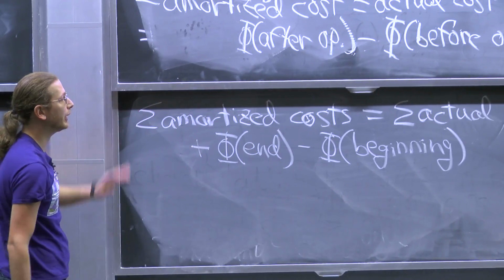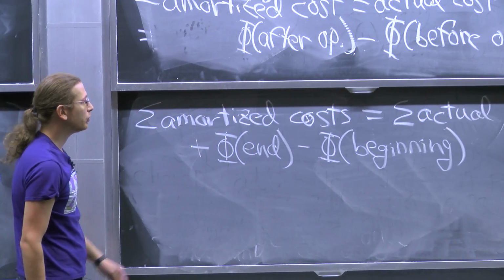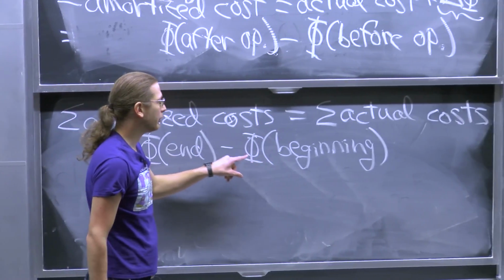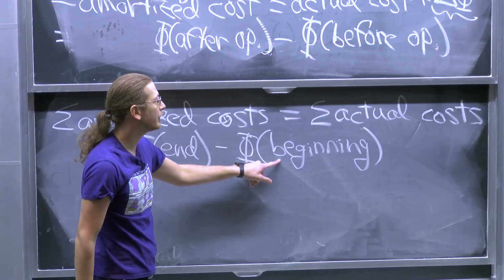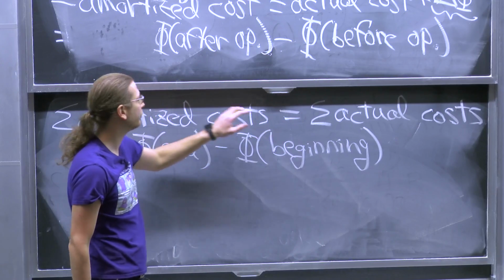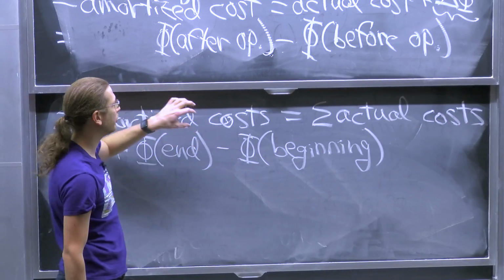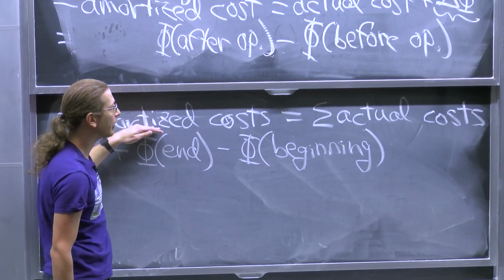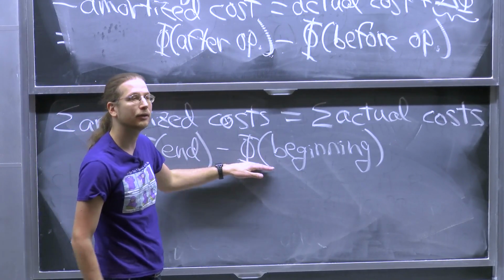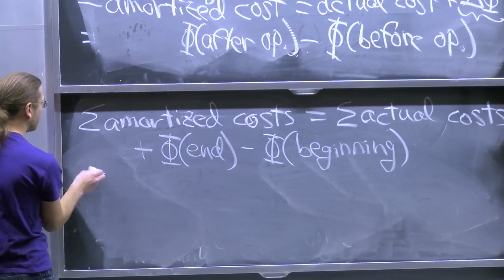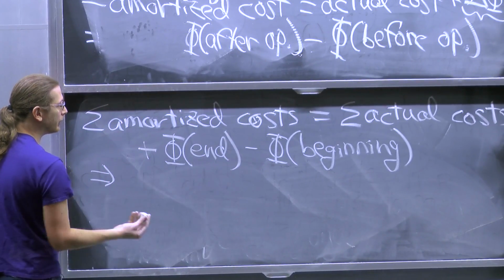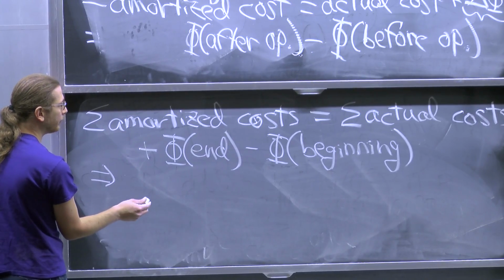When you define things this way, you also have to pay for fee at the beginning, because we want the actual cost to be at most amortized cost. So we need to take this part and put it over here. So it's at most the sum of amortized cost plus fee of the beginning. This part becomes negative, so we usually just ignore it. Can only help us.